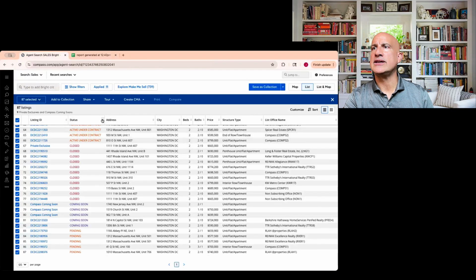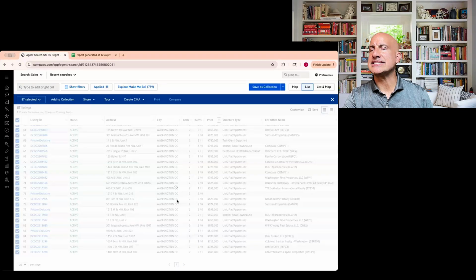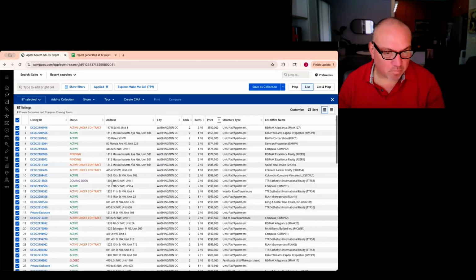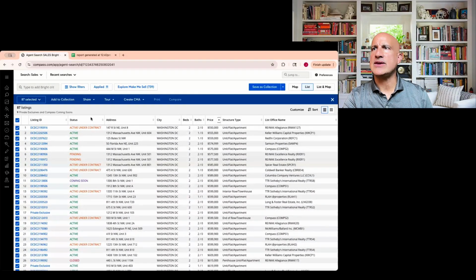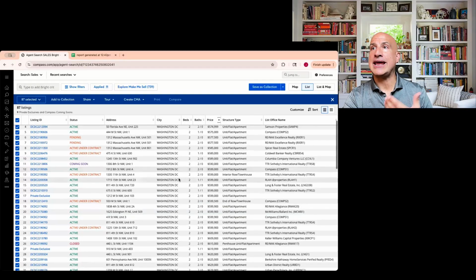Number one, if we order based on price, I'm looking at where the under contracts and solds are relative to price, because buyers tend to buy in price brackets, in price ranges. So I'm looking now for trends. Are there brackets that are healthier right now than other brackets?